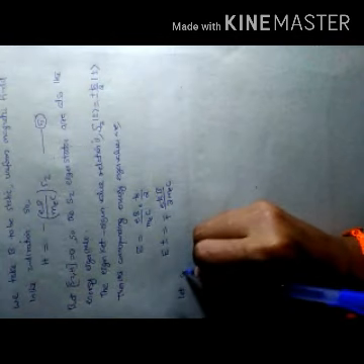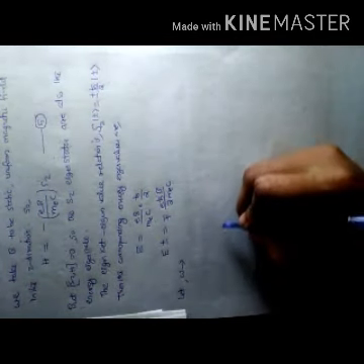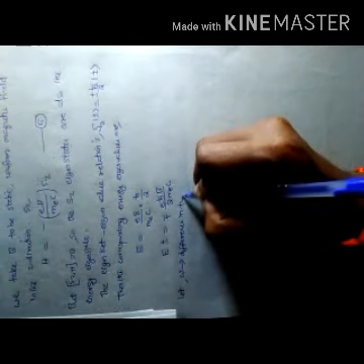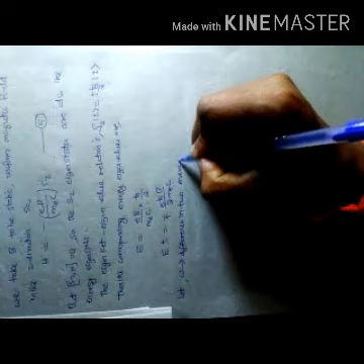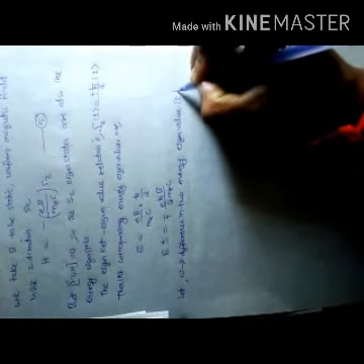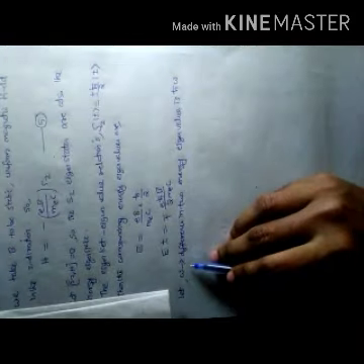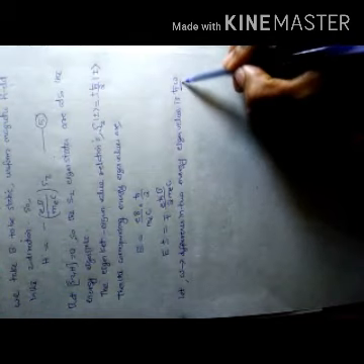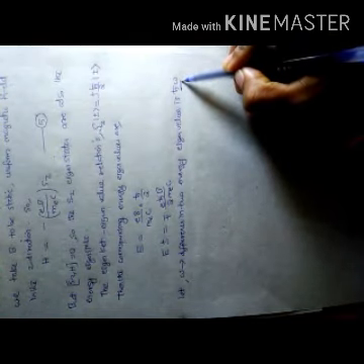Let us take omega, the difference in the two energy eigenvalues, as h cross omega.